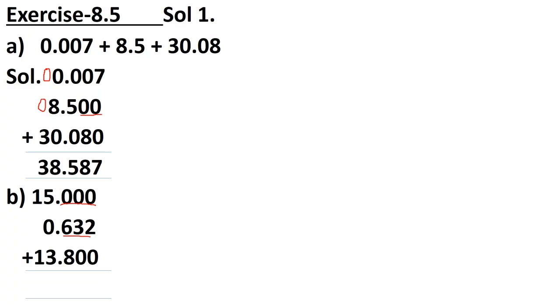Plus 13.8. So 13.8 and rest 2 zeros we have write down from our side. And here also we can write down one more 0 to make them in sequence. Now you can add. It is 29.432. Understood? Thank you.